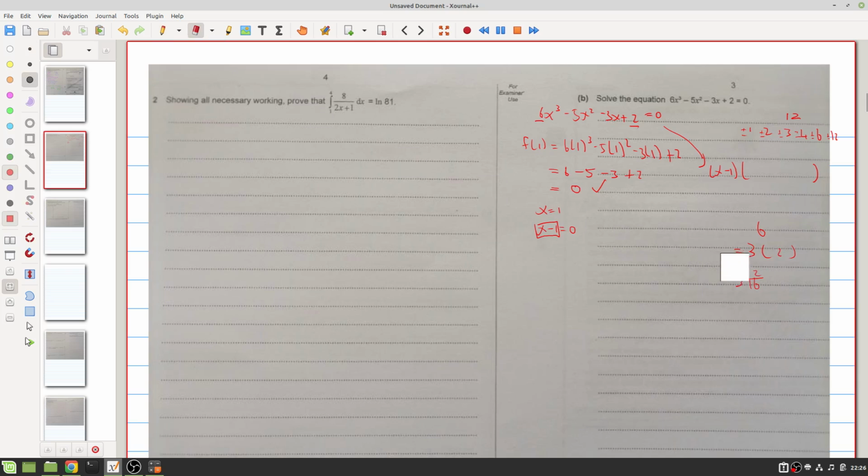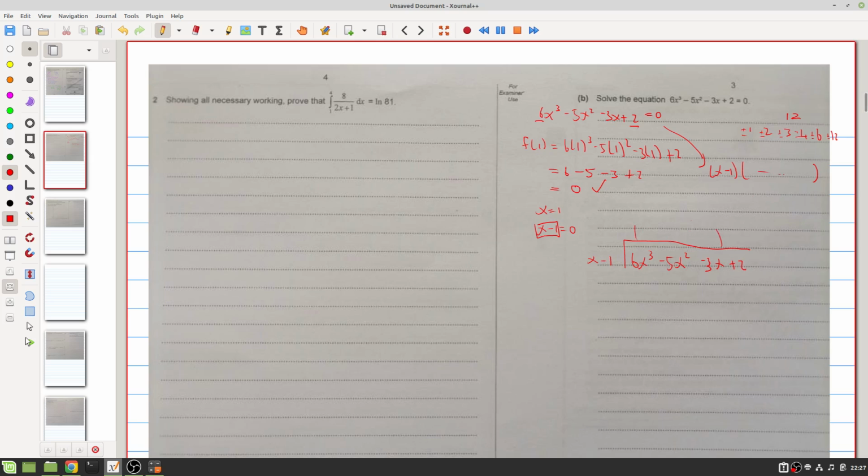We do a division. So that's exactly what we're going to do. We're going to take our original equation, 6x cubed minus 5x squared minus 3x plus 2, and divide it by what we know is a factor, and that's x minus 1. Okay, and then we'll get our quotient on the top here.